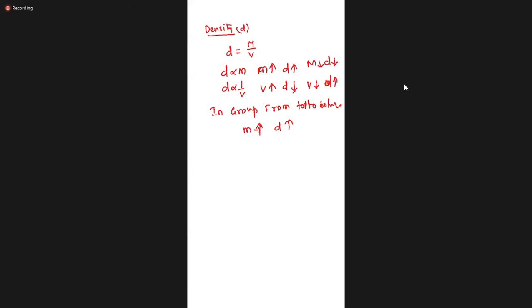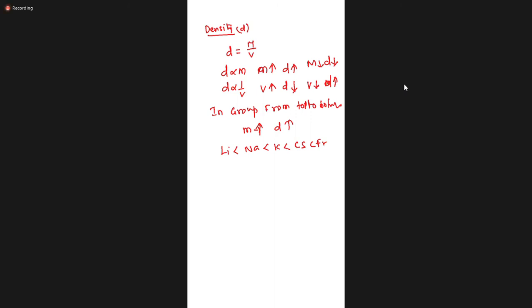So that's why I'm going to tell you lithium is less than sodium, is less than potassium, is less than cesium, is less than francium. Is it correct? This is the order of density.